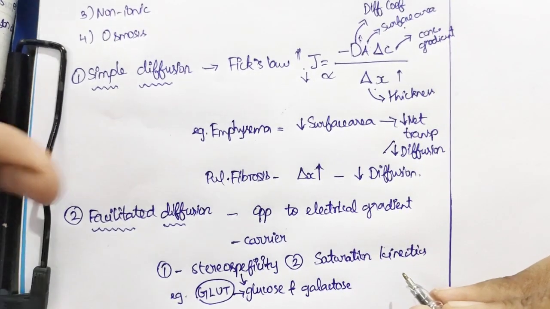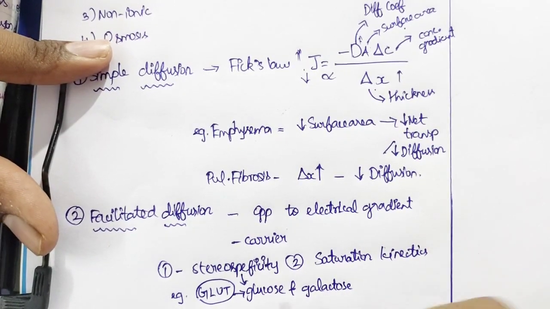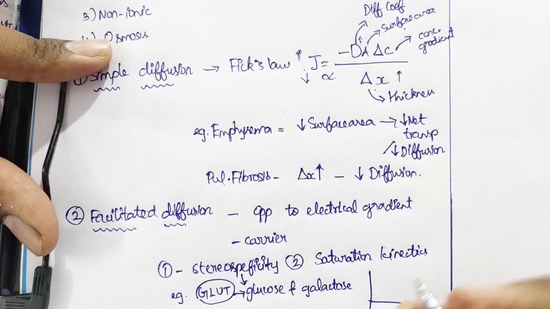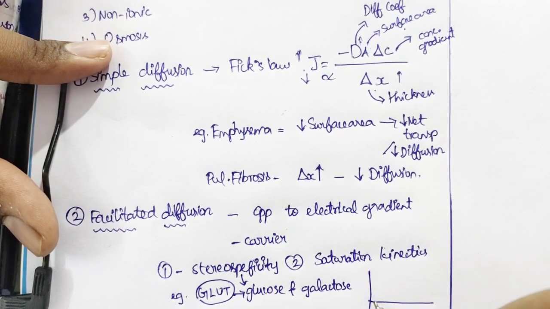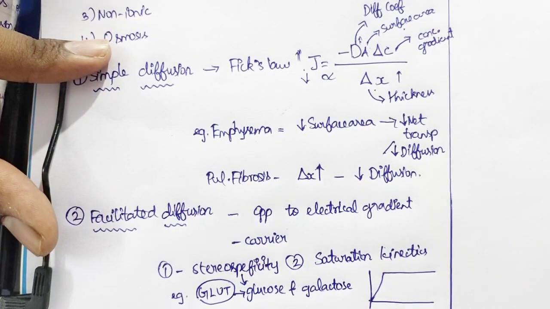Saturation kinetics is nothing but this: when the carrier protein gets saturated with the transported molecule, it can't further increase the rate of transport. That is, it comes to a certain amount and it remains stable.